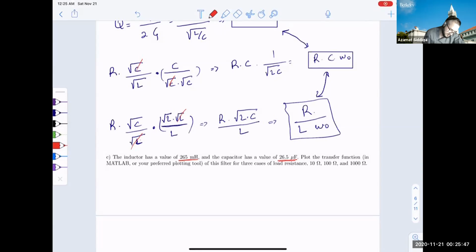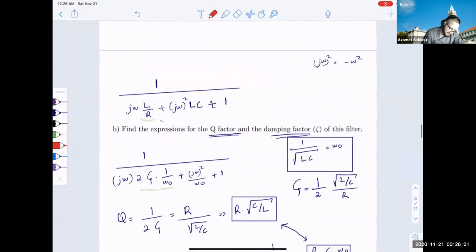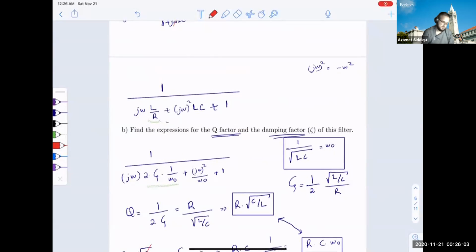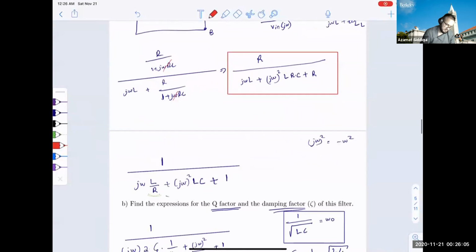You have to plot a transfer function for three cases: R equal to 10, R equal to 100, and R equal to 1,000. Going back right here, I know this is going to be the expression for it. Let me box this one more time.